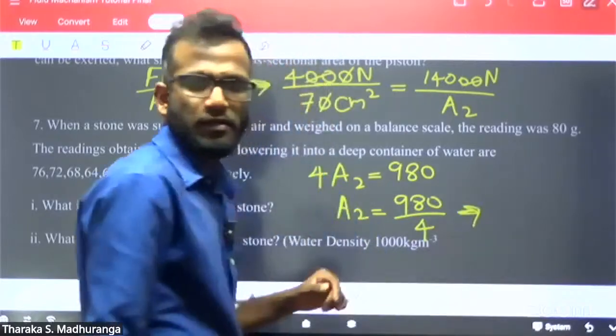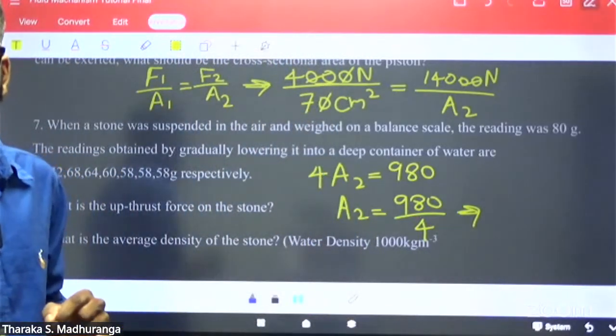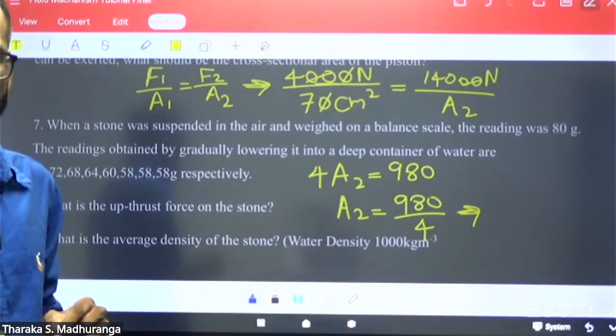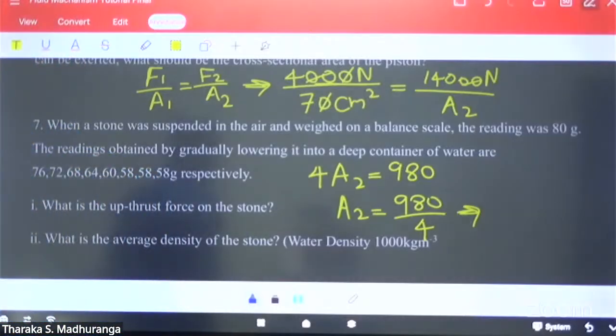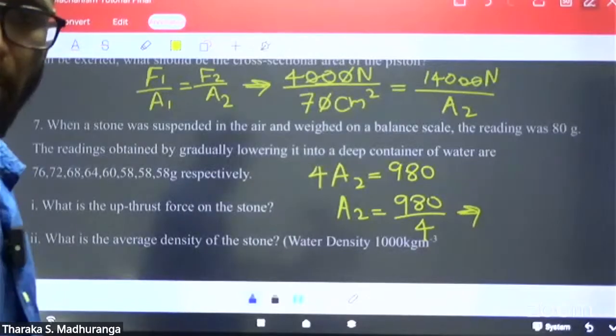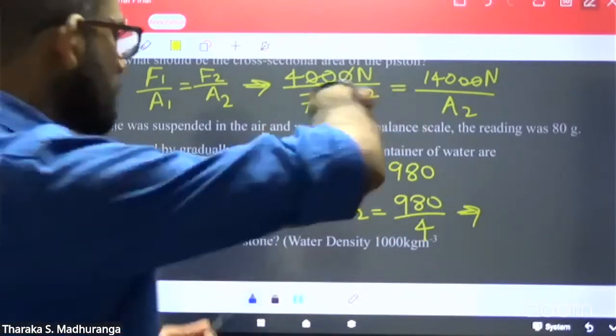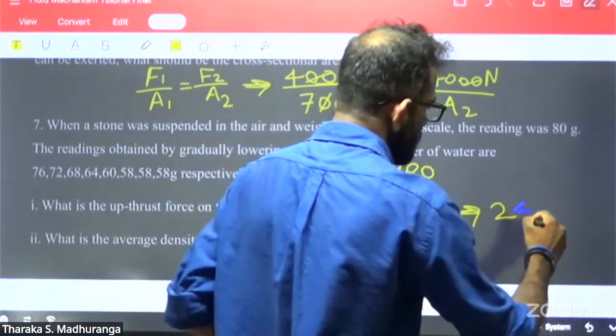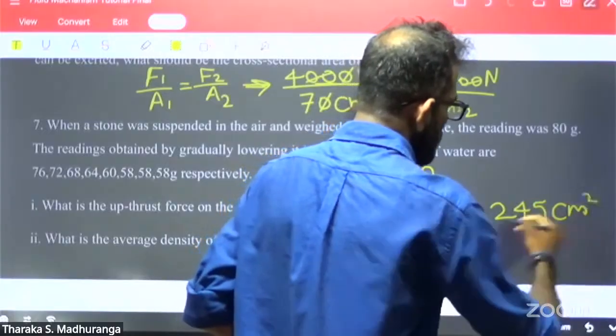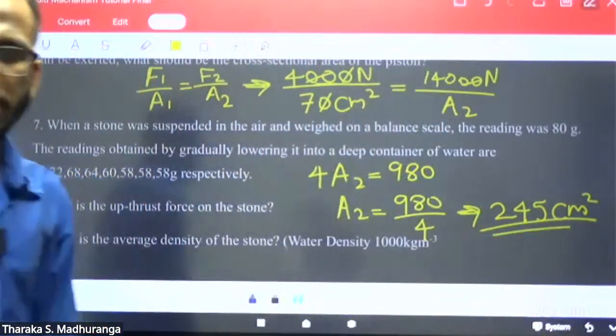What's the cross-section area? Yes, 245 square centimeter. 245 square centimeter.